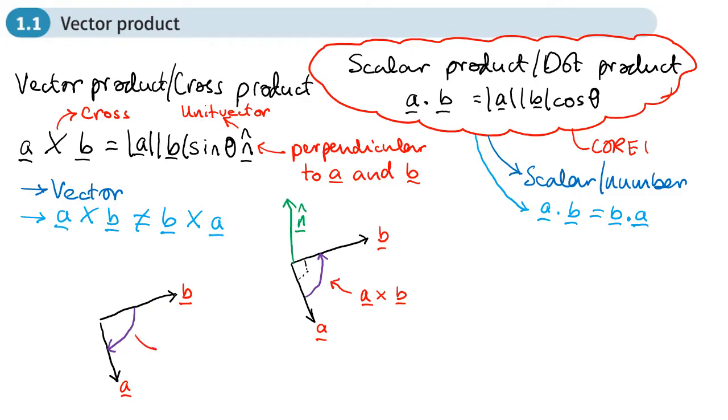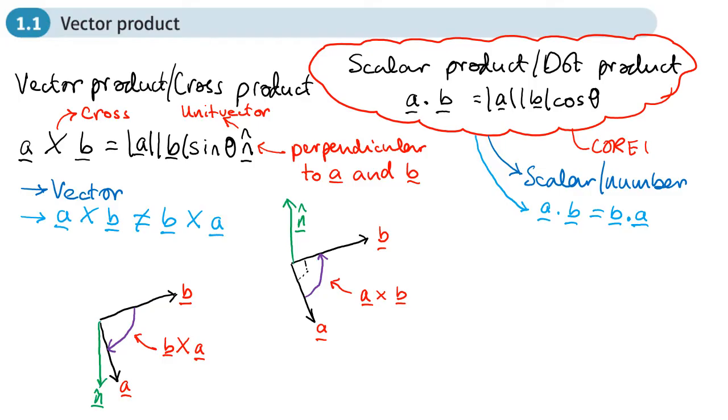So this is B cross A. Then the normal vector, which is perpendicular to both, would now be going this way. Hope that's clear. Not the greatest diagram, but it shows you why A cross B is not equal to B cross A, because of the direction in which we're measuring the angle.